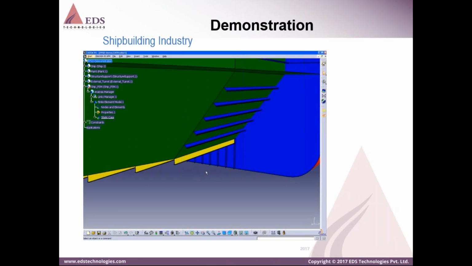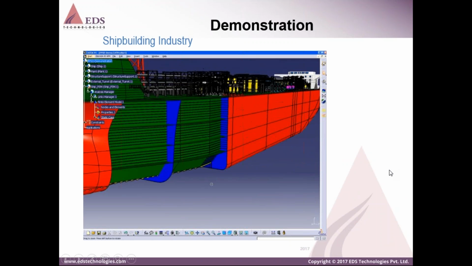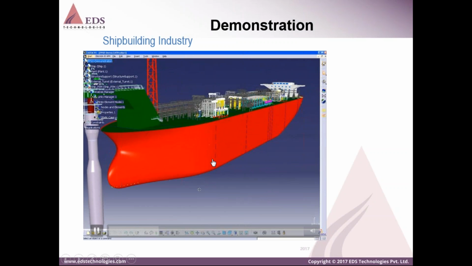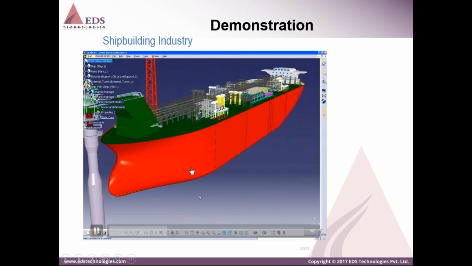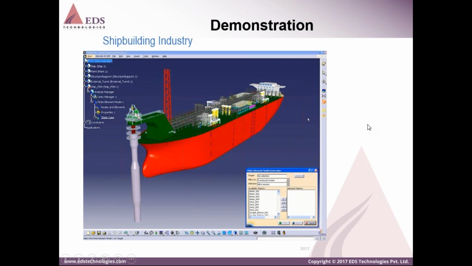So this particular example is from the shipbuilding industry. As for the shipbuilding industry, the assemblies are very large. Thousands of parts are there. So these bulkheads and other things, then shell elements. Now, with the help of the capabilities of the CATIA analysis, see here, this particular complex assembly will be modeled to get the finite element model, and within very less time we'll get these results.